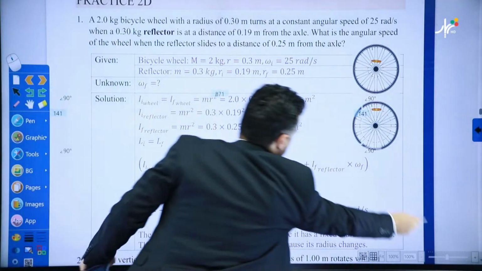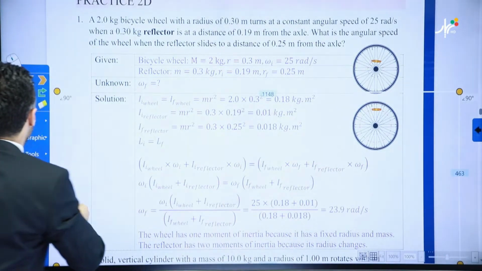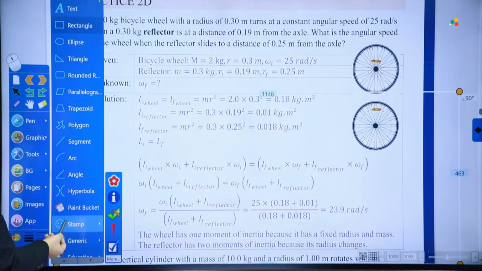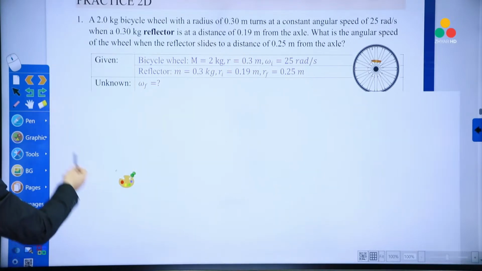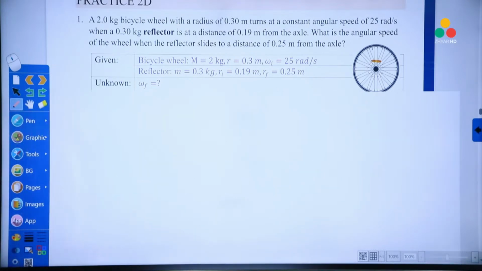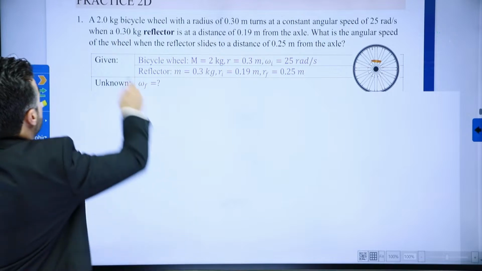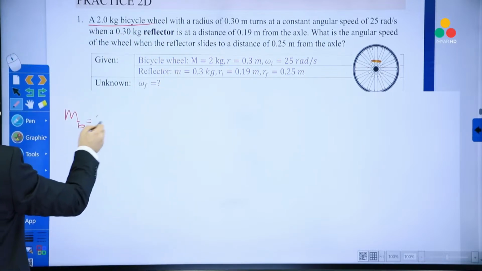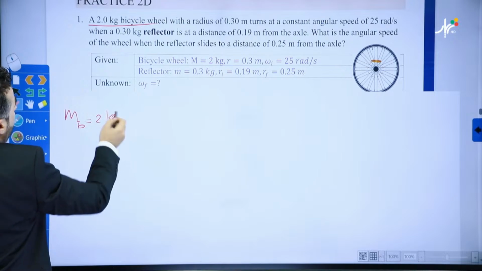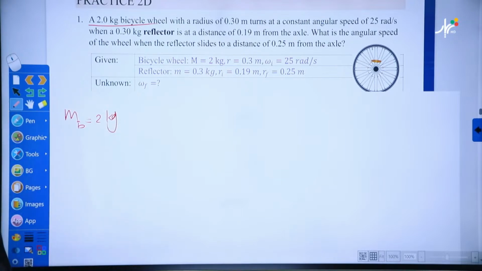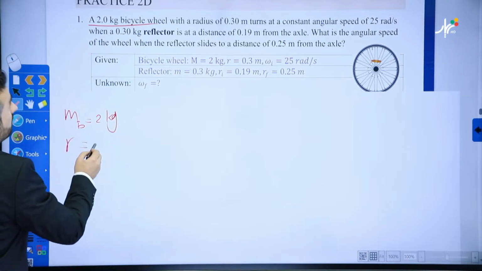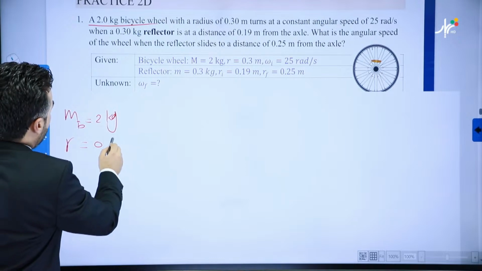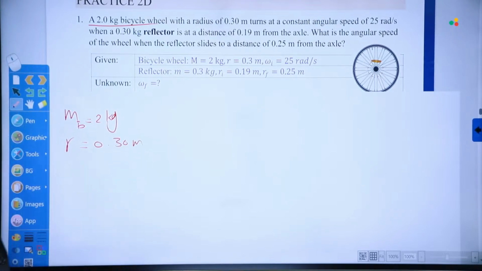So let's bring this. All right. Try to write the information that is given. We have a 2 kilogram bicycle wheel, so the mass of the bicycle wheel is 2 kilograms. With a radius of 0.30 meter.